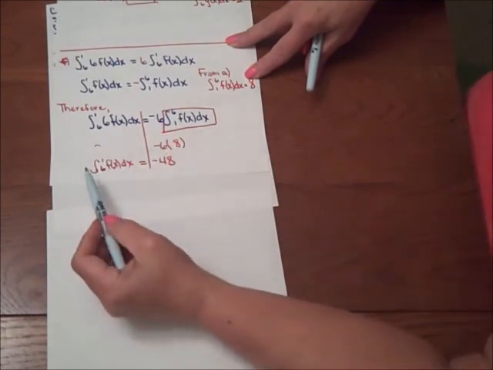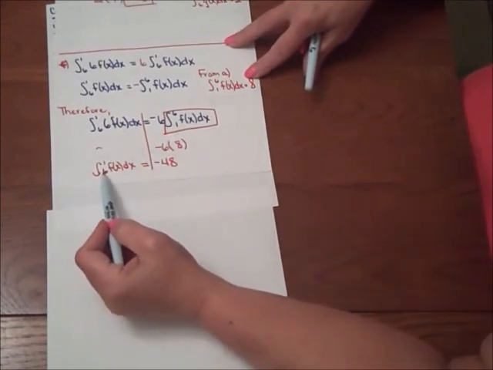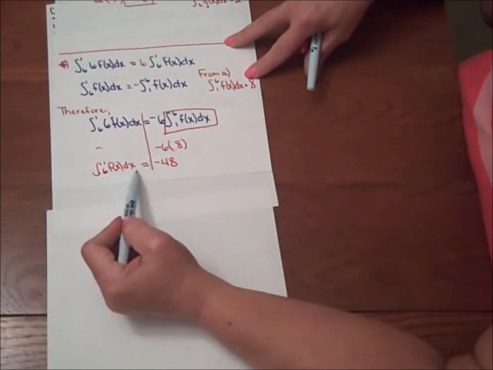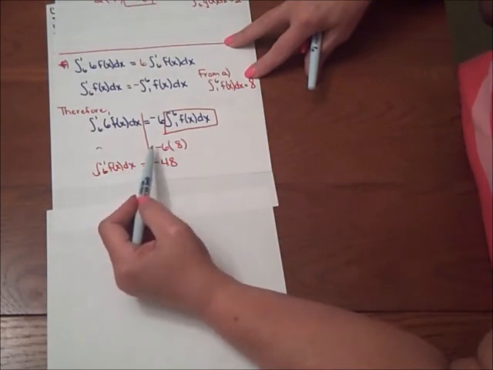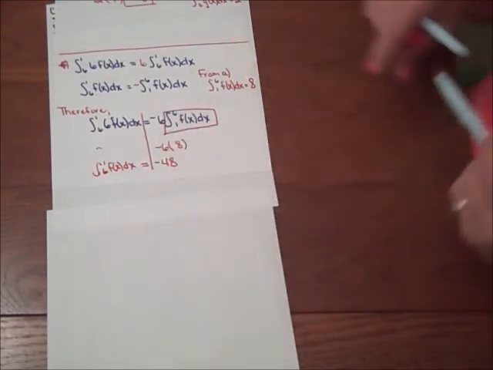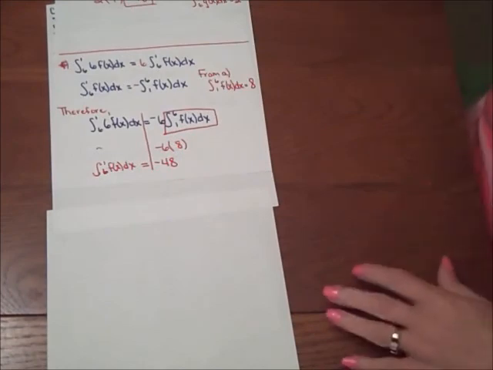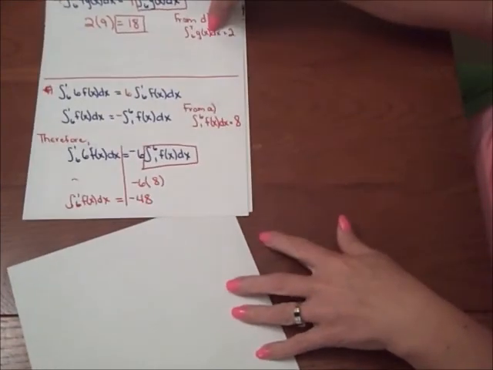Okay, we know that the integral from 6 to 1 of f of x with respect to x is equal to negative 48. Negative 6 times 8 is negative 48, and that is F, and that completes problem number 5, objective 95.